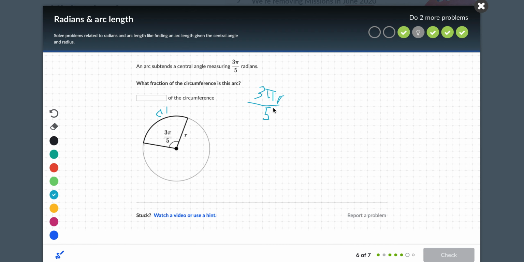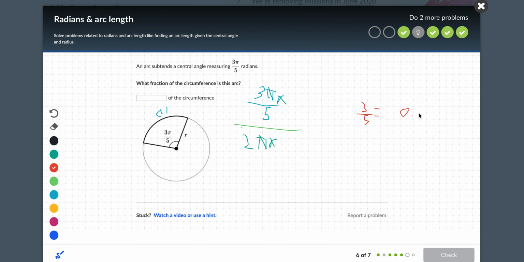So now we have 3 pi r over 5, and all of this here is divided by 2 pi r, which is, as we all know, the circumference. So okay, the 2 pi's can cancel out, the r's can cancel out, and now we're left with 3/5, which I'm now going to move to decimal form.